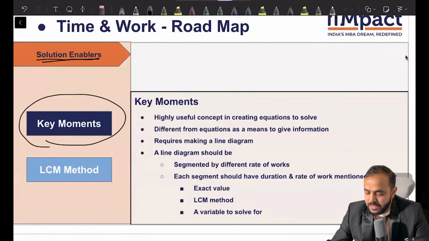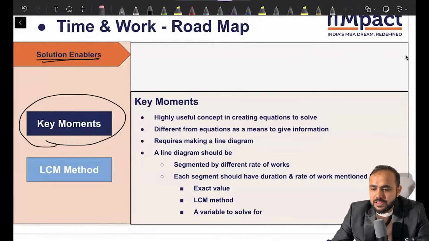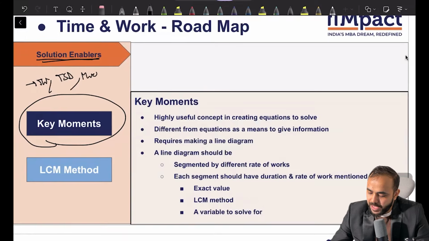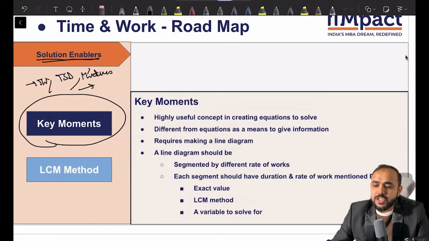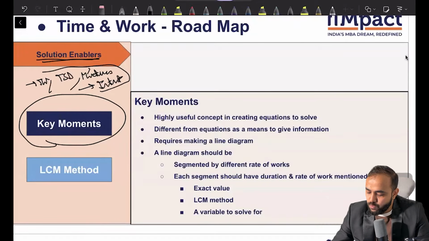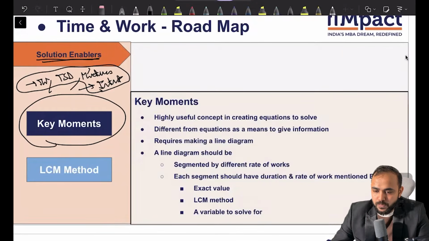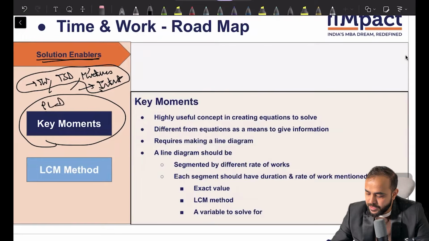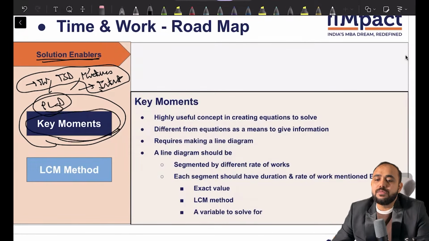Let's first discuss the key movements thing. Now, first of all, this is something which is going to be there for time and work, time, speed, distance, mixtures, and any situation where you can make changes. So, interest, so most of your PLD also for that matter, most of your arithmetic would be predominantly based on this key movement concept, which means again it's a good thing, right?